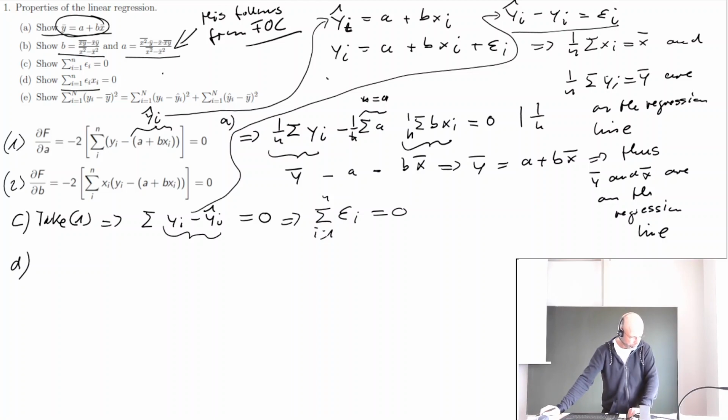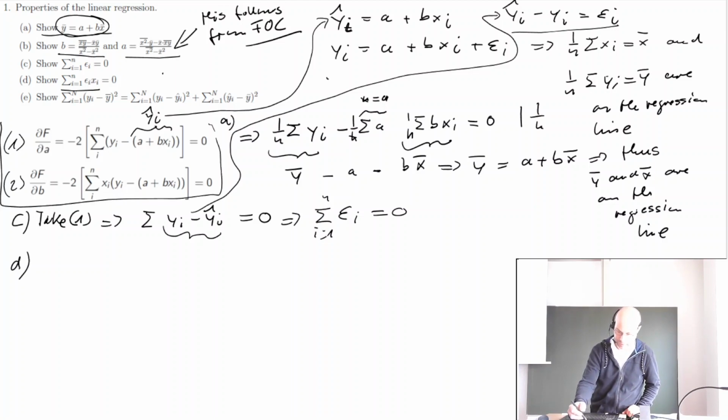How can we show this? An idea? I think it is clear that it has to do something with the two first order conditions.